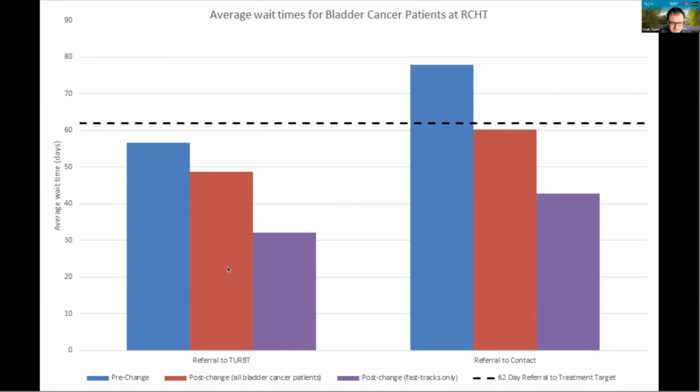Then the red bar is what happened post-change for all bladder cancer patients, and the purple is for the fast tracks, who are the suspected muscle-invasive patients. You can see this stark reduction, really giving them much more breathing space to allow for them to be referred and treated at Plymouth.